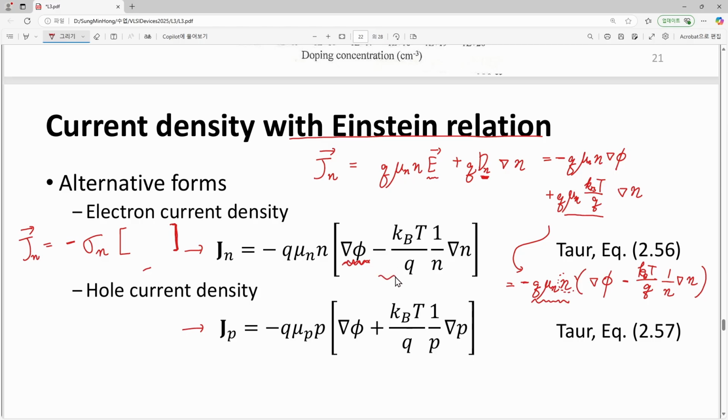However, we have the modification originated from the diffusion component. Also here we have modification due to the diffusion component. Both the drift component and diffusion component can be combined. And now let's go to the next page for even further simplification.